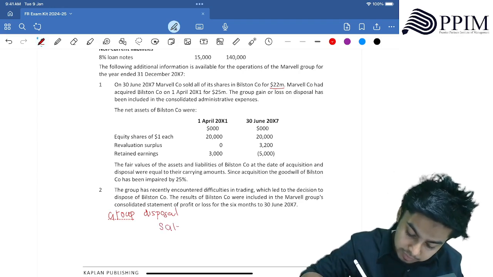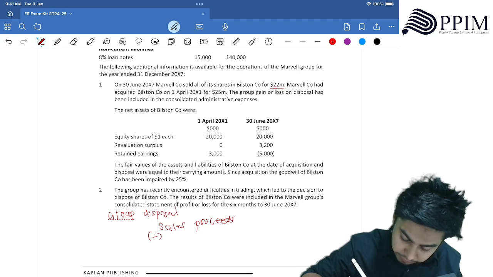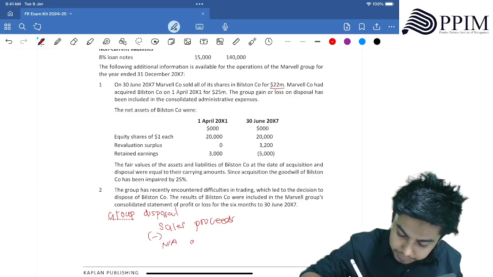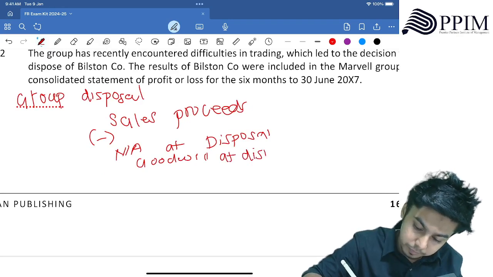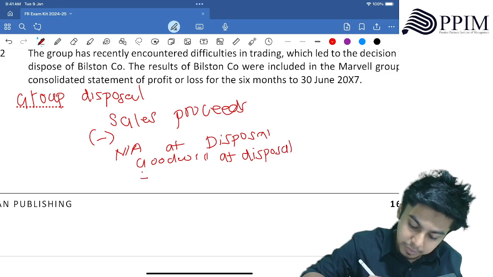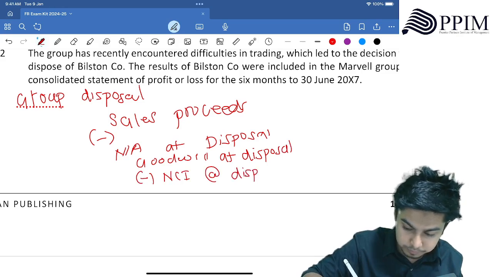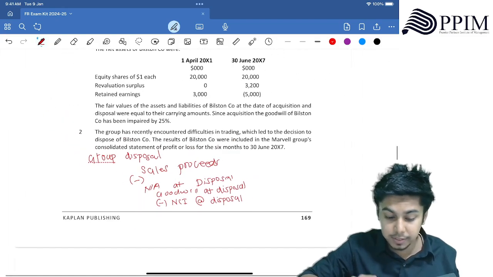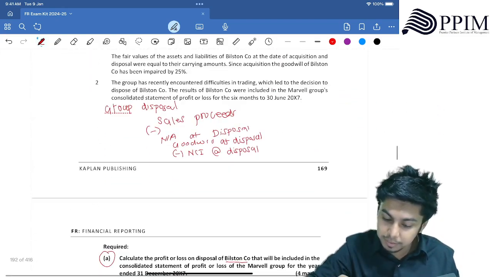First, we need sales proceeds, minus net assets at disposal, minus goodwill at disposal, and minus NCI at disposal. Remember, this is a 100% owned business.